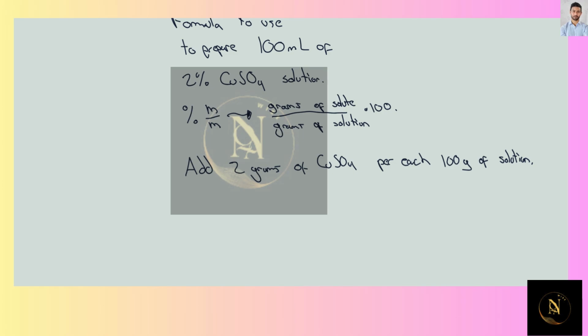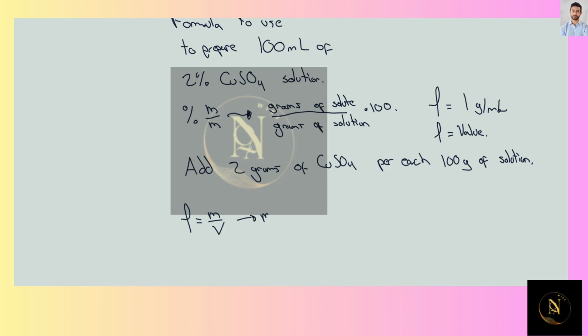In this case, if the density value is not given to you, you can assume that the density would be that of water, which would correspond to 1 gram per milliliter. In the case that the density is provided, then what you would need to do is to first of all calculate what mass corresponds to 100 milliliters. Remember that density is going to be equal to mass over volume.